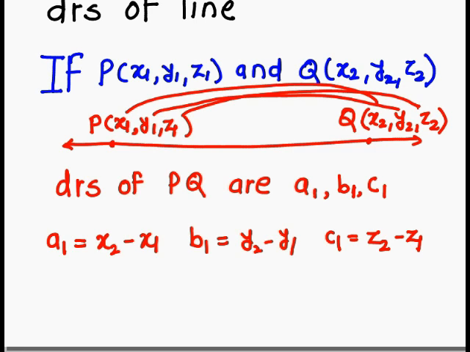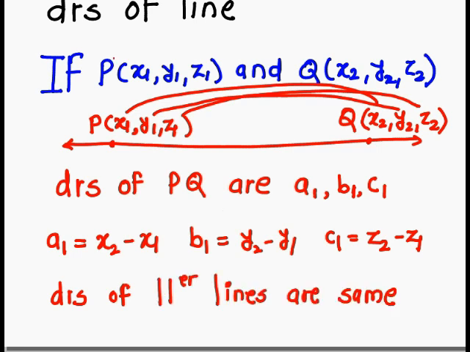Hope you understand this. Remember one more thing: the direction ratios of parallel lines are always the same. Remember this, DRs of parallel lines are always the same. We require these to find an equation of a right circular cone.